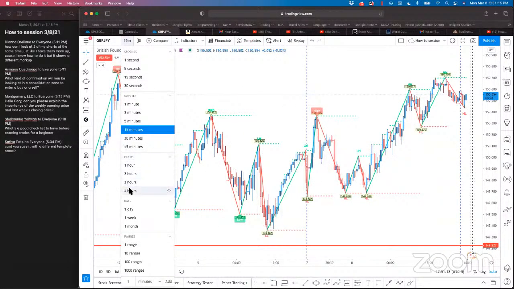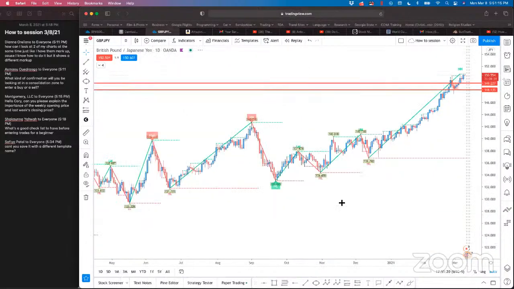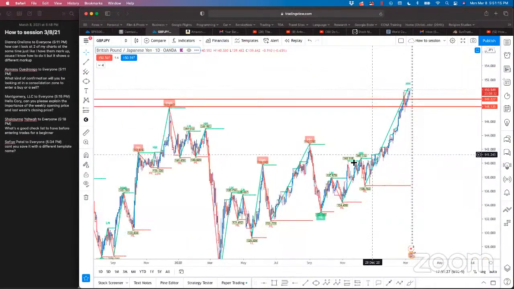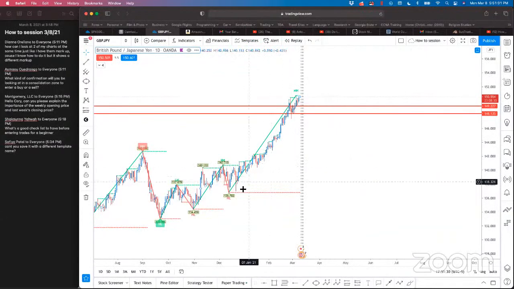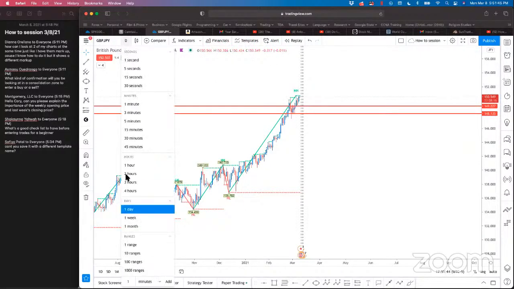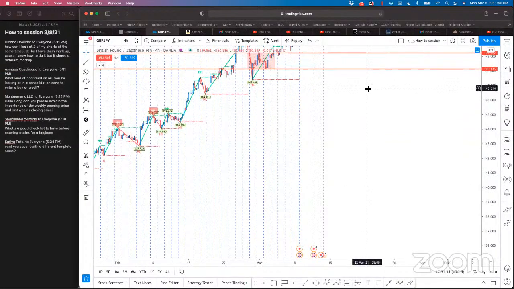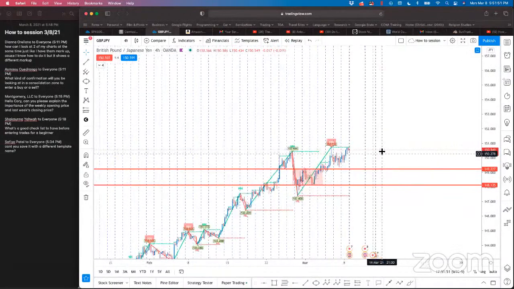But what does the daily say? The daily actually agrees. We've been on a super huge uptrend. Once you see what the daily says, what does the 4-hour say? The 4-hour says still the same thing, buy, buy, buy.